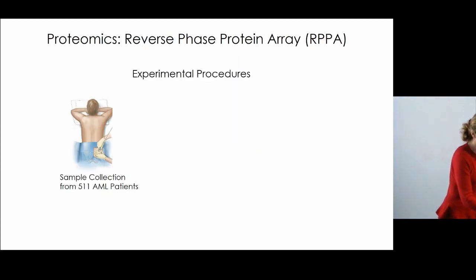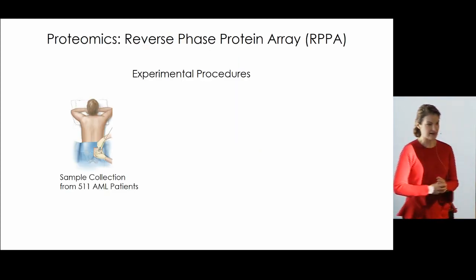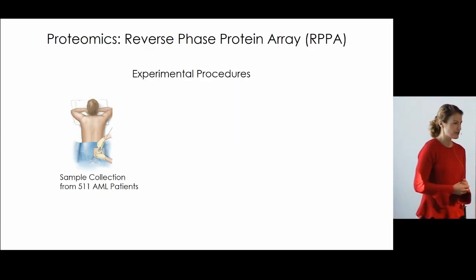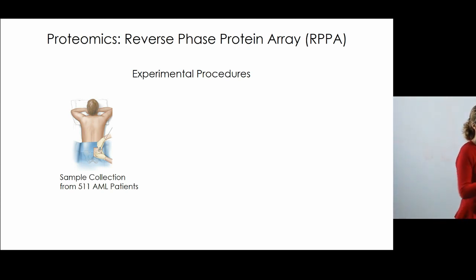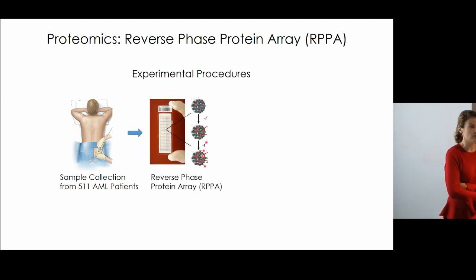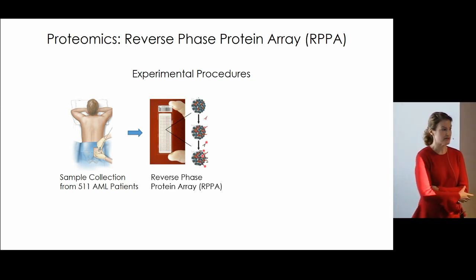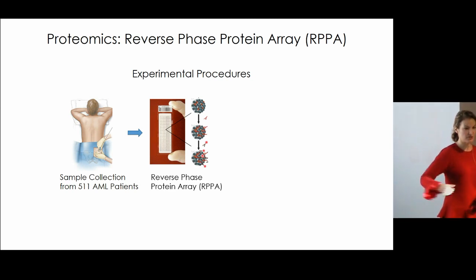The data that our collaborator had been collecting over the course of several decades is painful data to get. It's a bone marrow biopsy. You aspirate bone marrow from the back of a patient, collect that, and do an omics analysis on it. One of the methods we use is reverse phase protein array analysis.